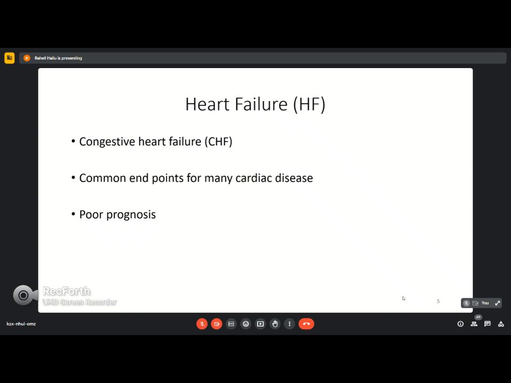prognosis. I'm not exactly sure about the statistics in our country, but from what we know, only 50% of the cases have a 5-year survival rate, half of them. So we expect almost half of the patients to die within 5 years. That's what it means. Congestive heart failure comes and goes.